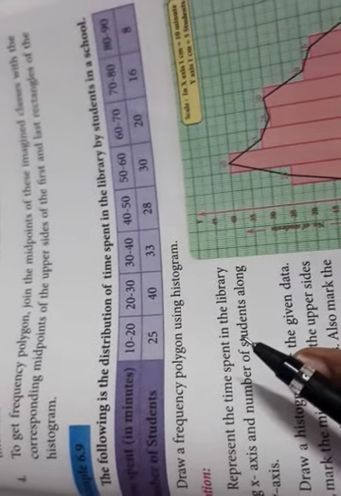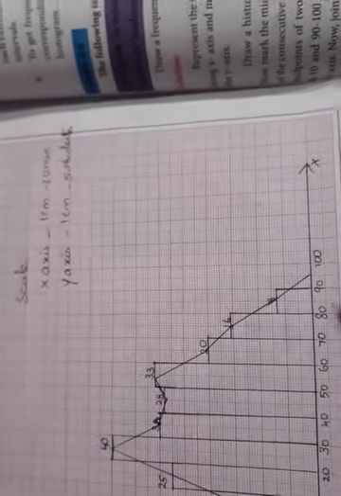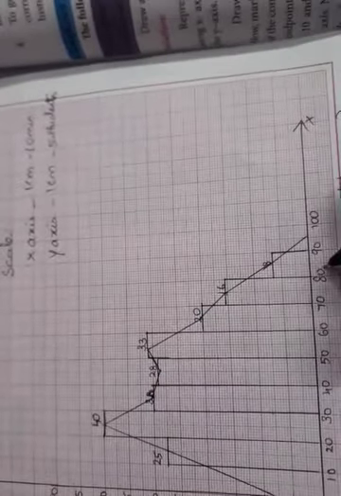The following is a distribution of the time spent in the library by students in a school. Time spent in minutes: 10 to 20, 20 to 30, 30 to 40, 40 to 50, 50 to 60, 60 to 70, 70 to 80, 80 to 90. This is a continuous series. The number of students is given. We already studied the x-axis; this is the y-axis. On the x-axis: 10, 20, 30, 40, 50, 60, 70, 80, 90, 100.